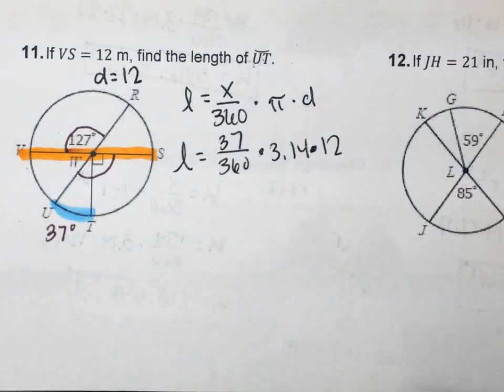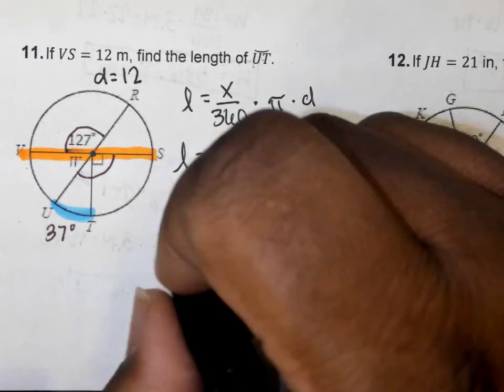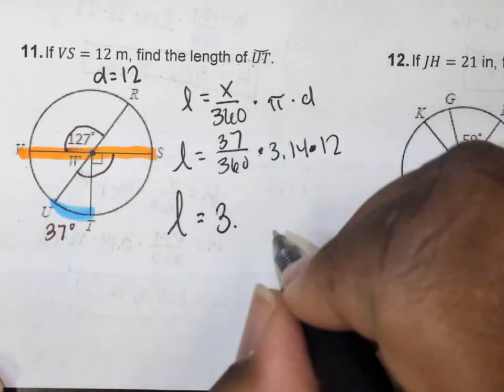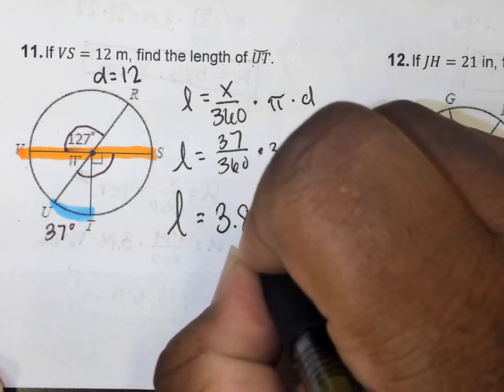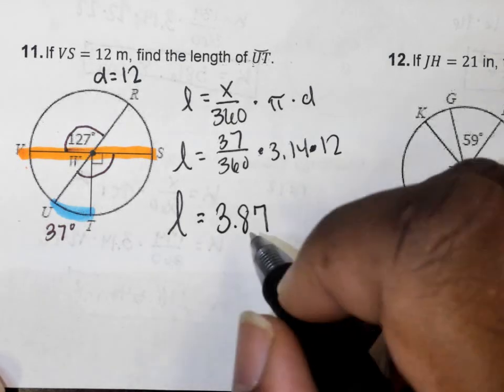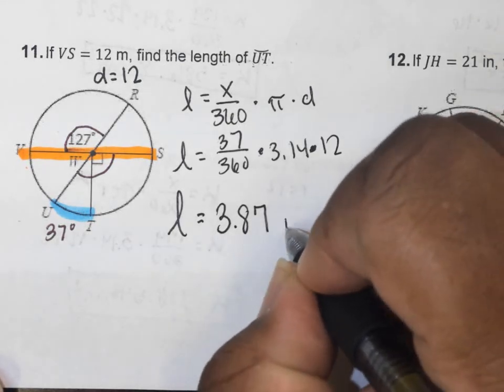I expect you to write it out every time too, Vincent. Yeah. And your number is going to be small on this one because you're using 37 degrees. And then you multiply them by 12, which ain't a big number. 3.87, this is meters.